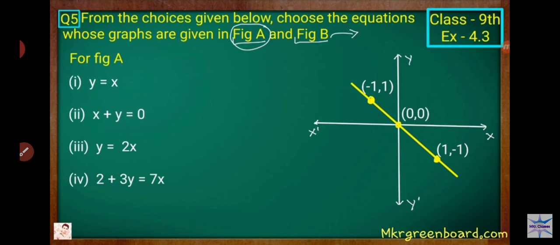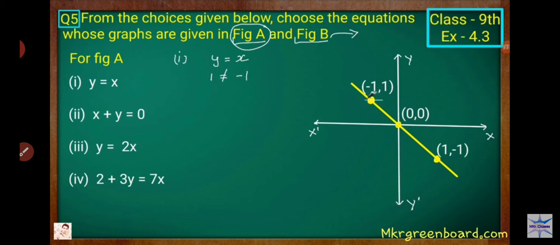Okay, from the choices given below, choose the equation whose graphs are given in figure A and figure B. See, here it is not a graph of y is equal to x, because if the value of y is equal to minus 1, then the value of x is 1, so it is not y is equal to x. Okay, 1 is equal to minus 1 is not possible in this equation. So this is not a graph of y is equal to x.